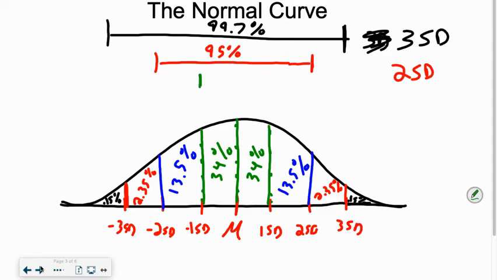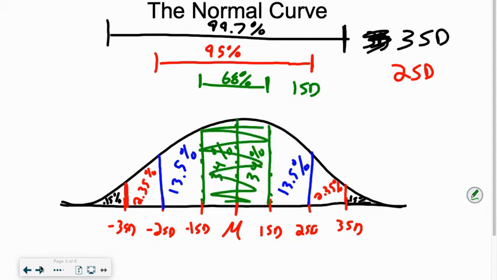Within 1 standard deviation, falls 68% of the data. So in this box here is 68% of the data. So that's just some general things about the normal curve.